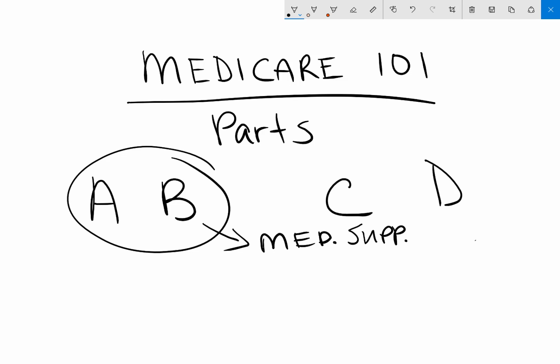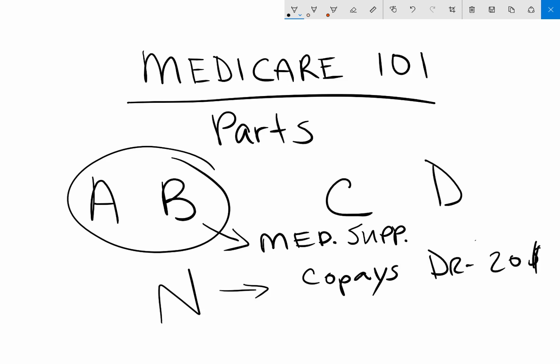The last plan that is still popular at this point is Plan N. It is designed for someone who is, we consider, extremely healthy. And at that point, you will have your copays to pay for some doctor's office visits. For a doctor's office visit, it can be up to $20.